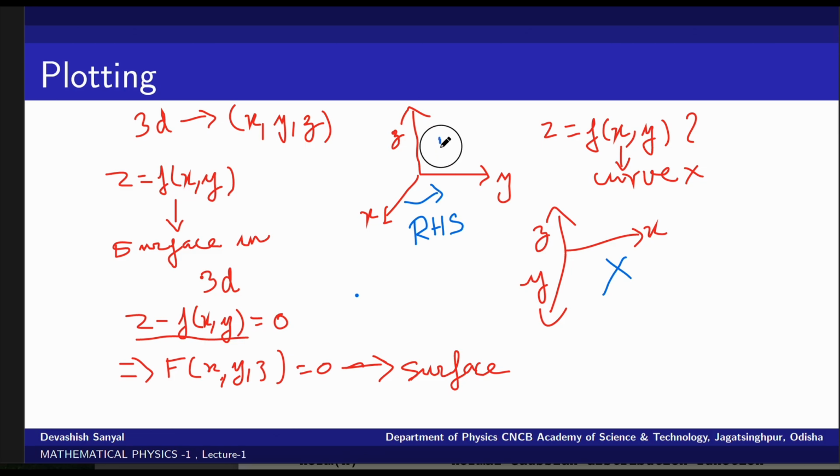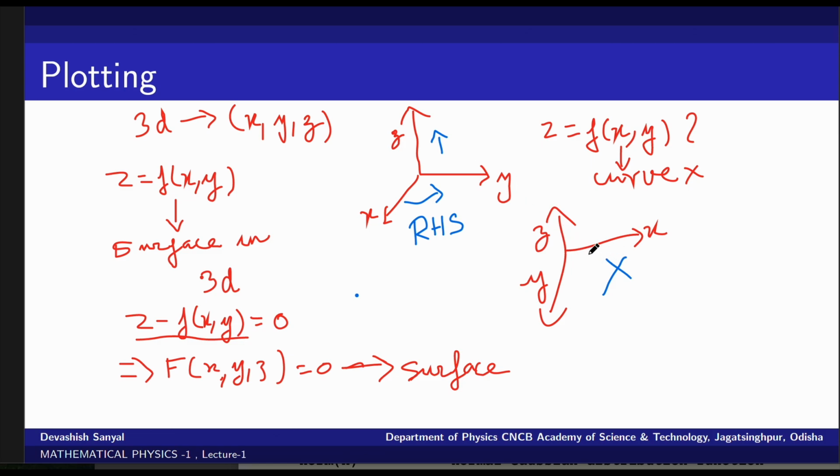The screw will advance in the direction of z. So if you rotate a screw from x to y, then the z-axis direction will be such that the screw advances in the direction of the z-axis. Only then do we use that kind of coordinate system.